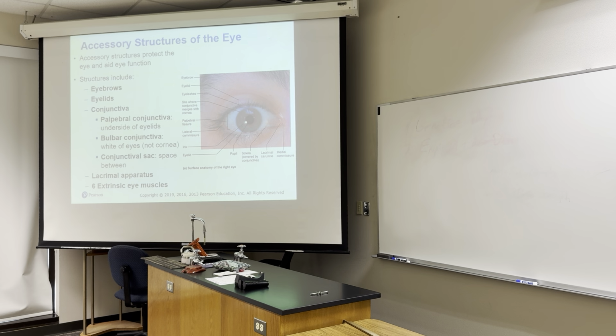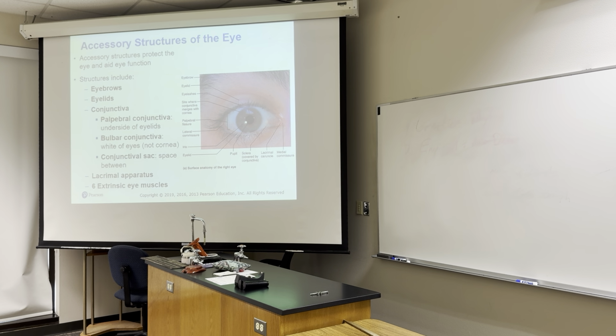We know that we have that transparent layer, the cornea. On the outer layer of the cornea, you also have a mucus layer called the conjunctiva. The conjunctiva has different types: the palpebral conjunctiva, the underside of the eyelid, and the bulbar conjunctiva, the white of the eyes, and there is also the conjunctival sac, which is the space between these.